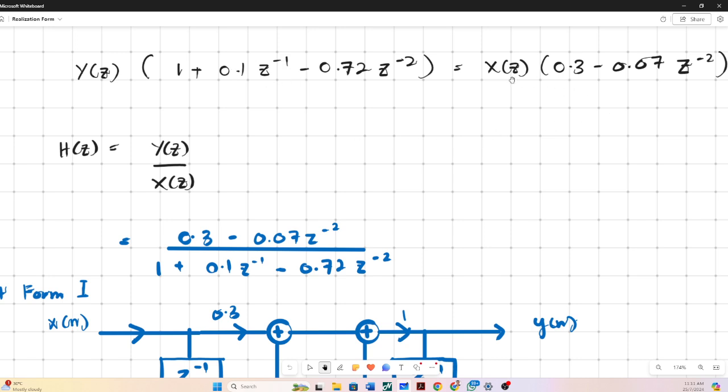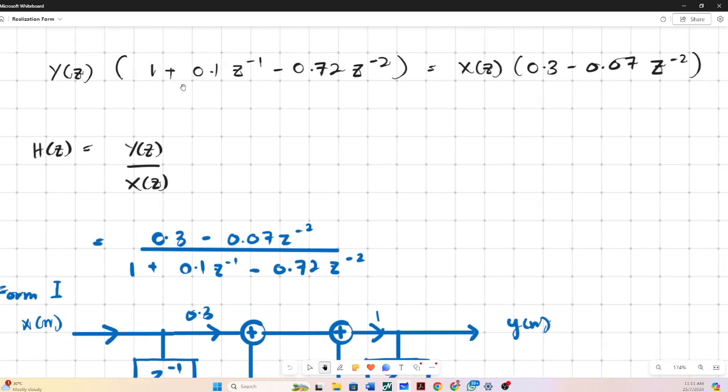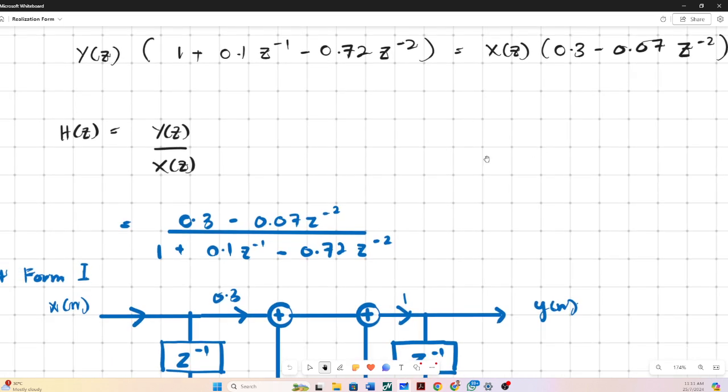Once the multiplication is at the other side, it becomes division. So we end up with H(z) = (0.3 - 0.07 z^-2) divided by (1 + 0.1 z^-1 - 0.72 z^-2).